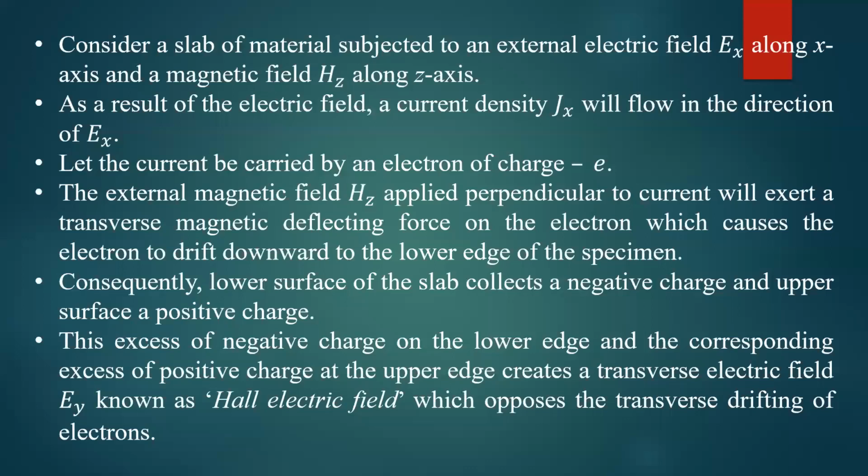The velocity of the electron will decrease. So there will be more and more accumulation of electrons on the down surface, and that will try to stop the flow of electrons along x direction. So this is basically called the Hall effect. And this Hall effect is observed in conductors and semiconductors. This is how we can understand the Hall effect.